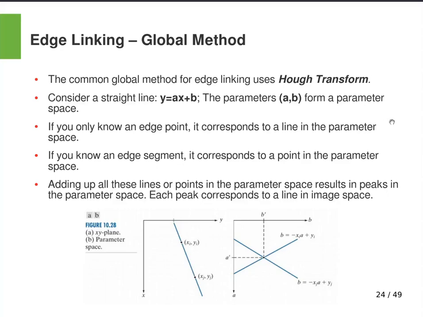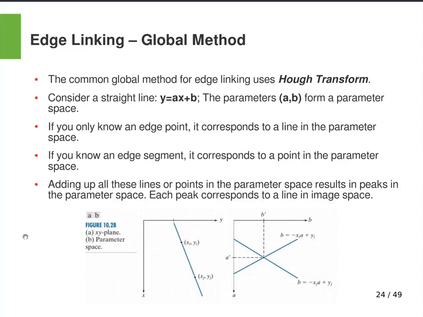If you do that, any line in the original image will be transformed into a single point in the transform domain, and any edge point will be transformed into a line in the parameter space. When you add up all these lines or points in the parameter space, you end up with individual peaks in the parameter space. Each one of these peaks corresponds to a line in the image.